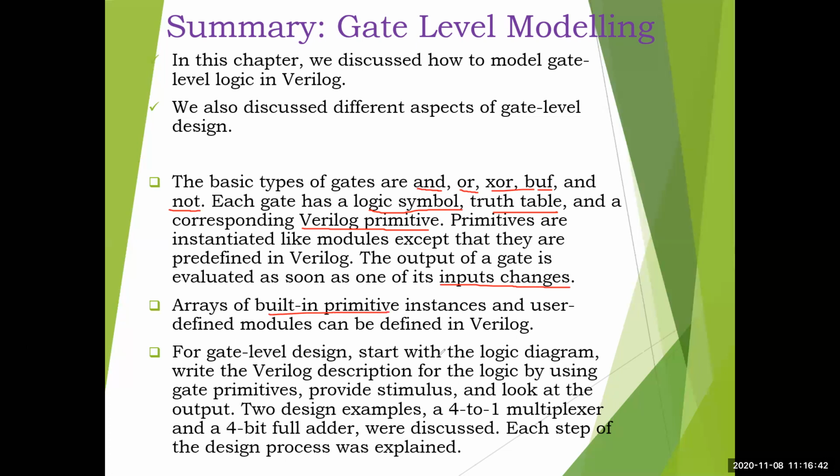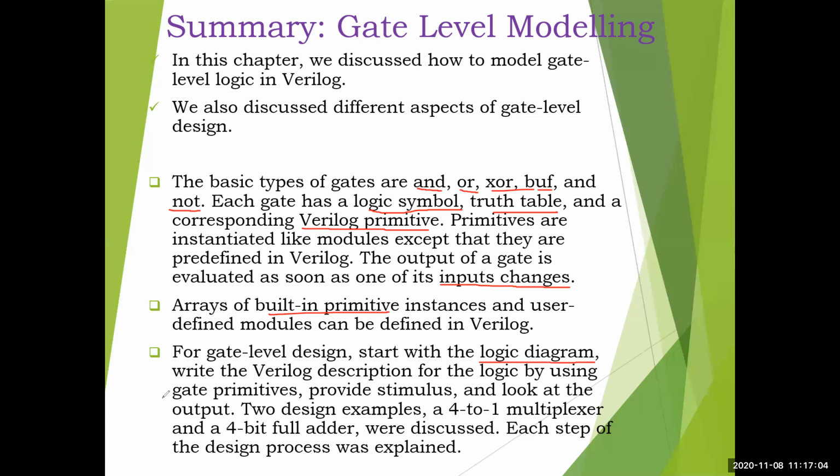Then for gate level design, we started with the procedure for writing a program. Here it is in condensed form; I have given you the detail, right? For gate level modeling you should have a logic diagram, and to arrive at that logic diagram I have added a few steps: logic symbol, truth table and boolean expression. Then the logic diagram.